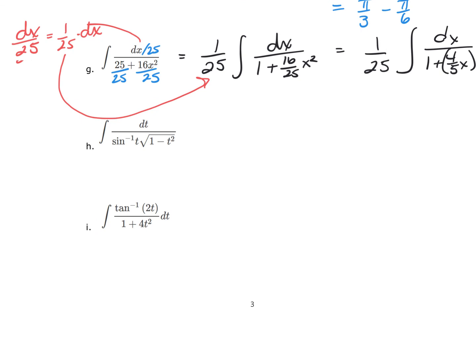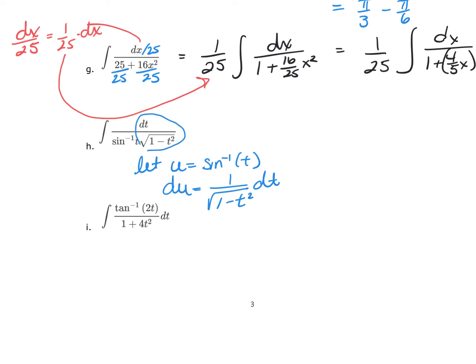Now with H, we're going to do a bit of u substitution. So we're going to let u equal, now you're going to say, I want to let u equal the square root part. No, we're going to let u equal the sine inverse of t. Then du is going to be 1 over the square root of 1 minus t squared dt.